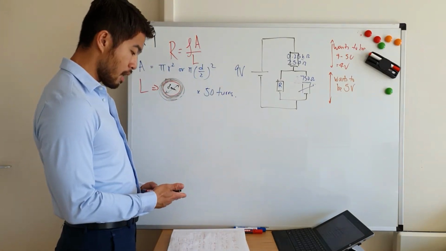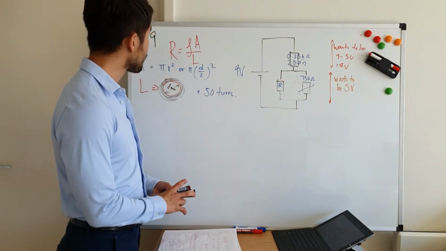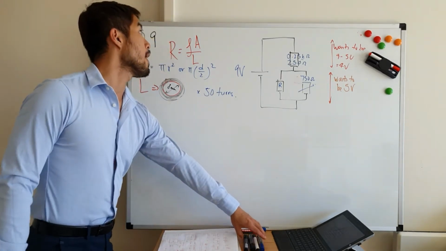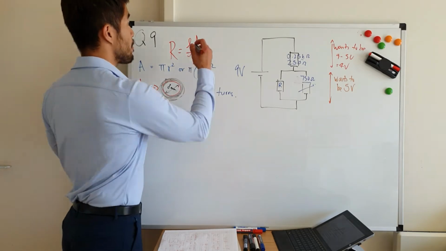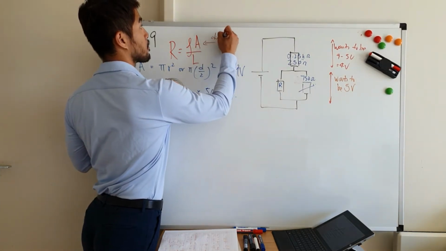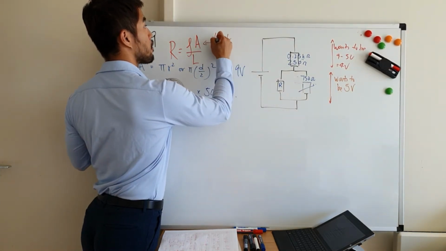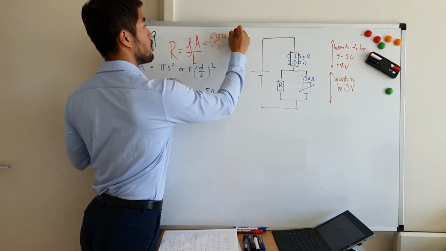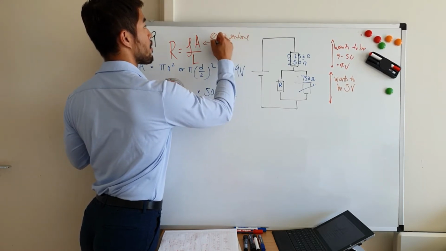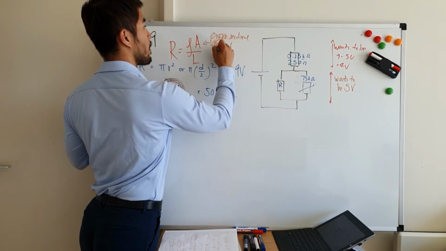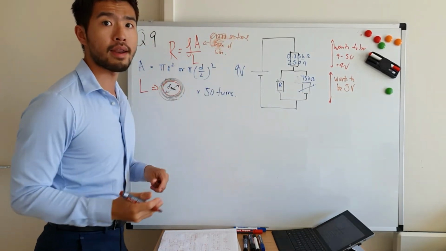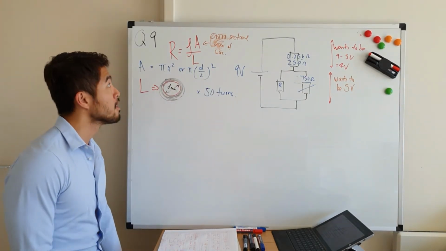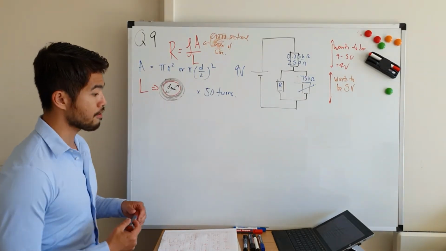So I want to remind you of this equation: R equals rho L over A. Rho is resistivity. What is A? It's the cross-sectional area of the wire. You cut the wire in half, and usually the wire will be circular, and that is the cross-sectional area of the wire.